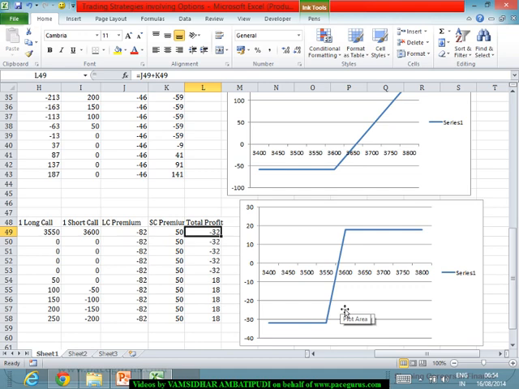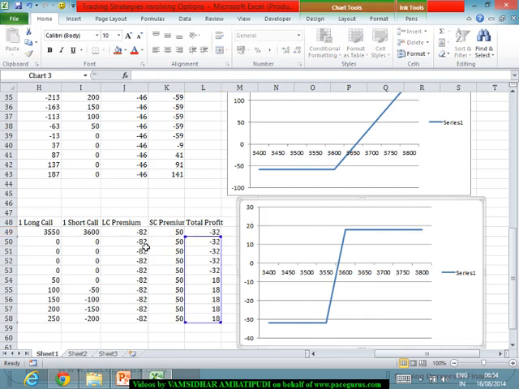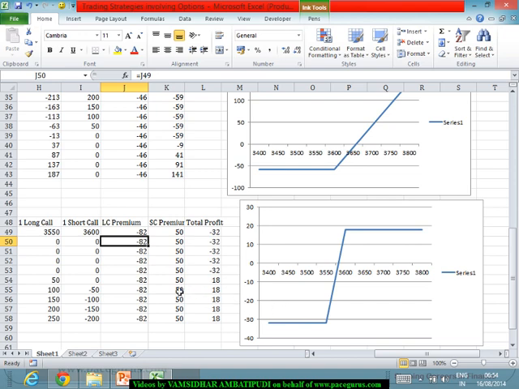I've gone for a long call, and in that long call I'm paying a premium of 82 bucks. Let's start off like this. I have gone for a long call position initially, but that incurred 82 as the maximum loss. I'm expecting the stock price to go up.